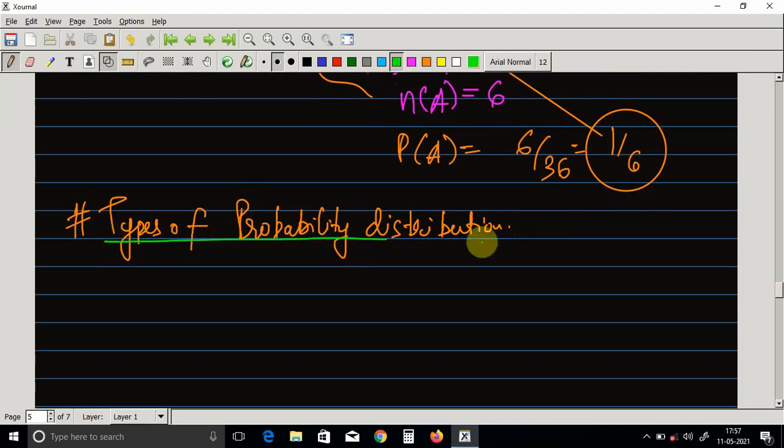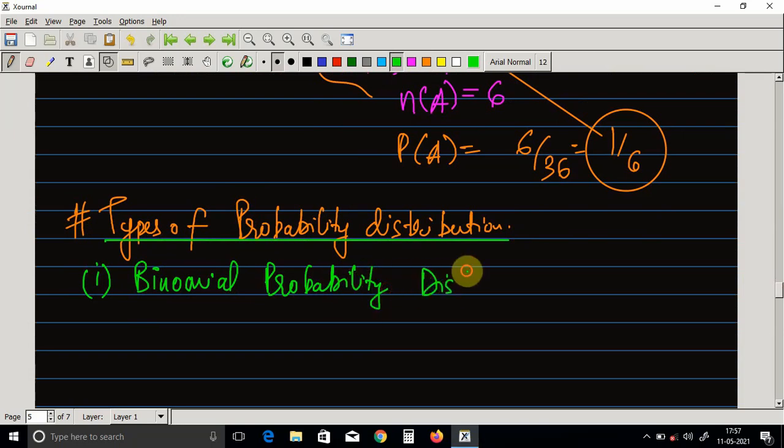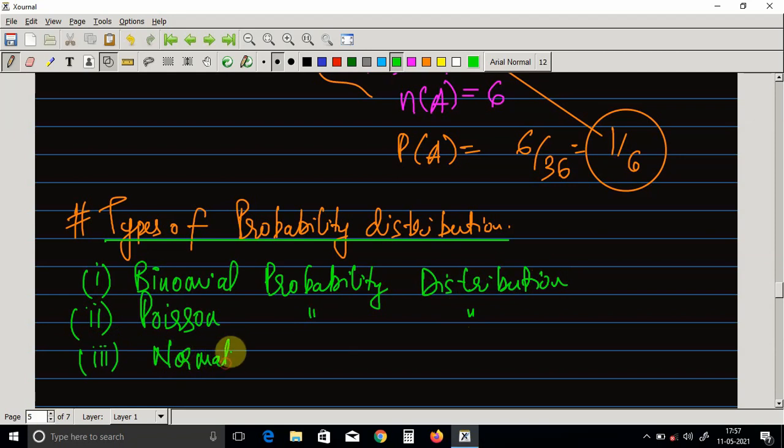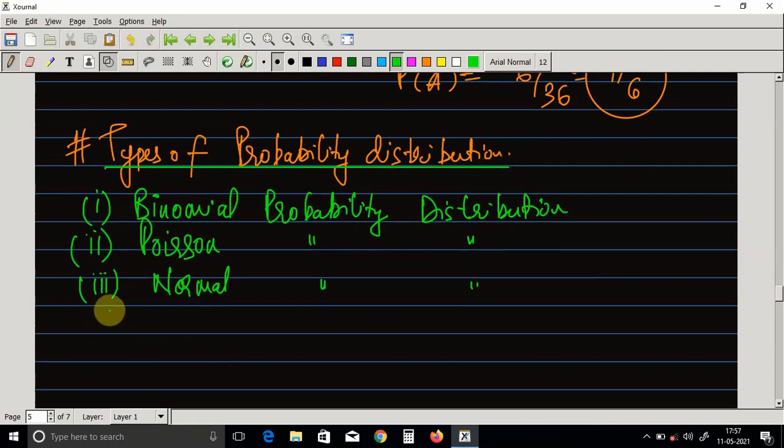In the types of probability distribution, we have binomial probability distribution, second we have Poisson probability distribution, third is normal probability distribution. These are some of the probability distributions I am listing down here.